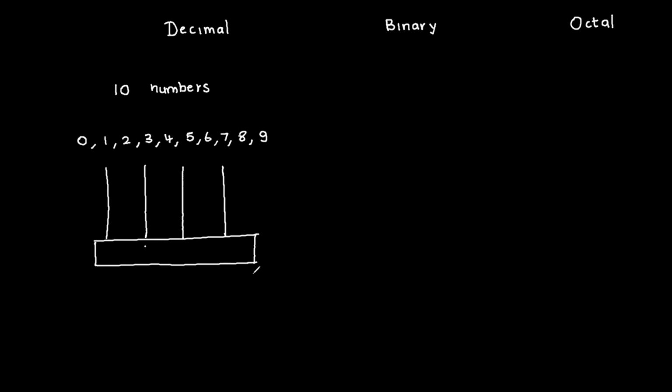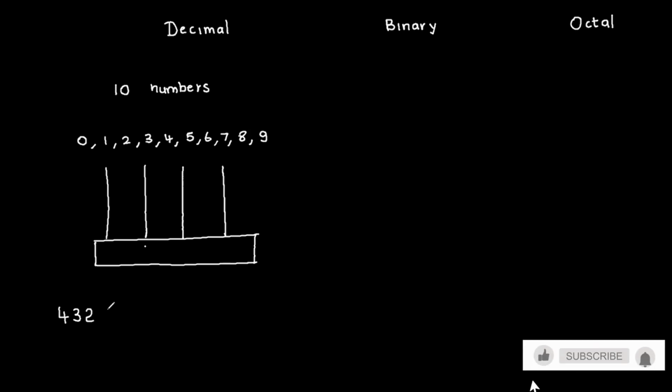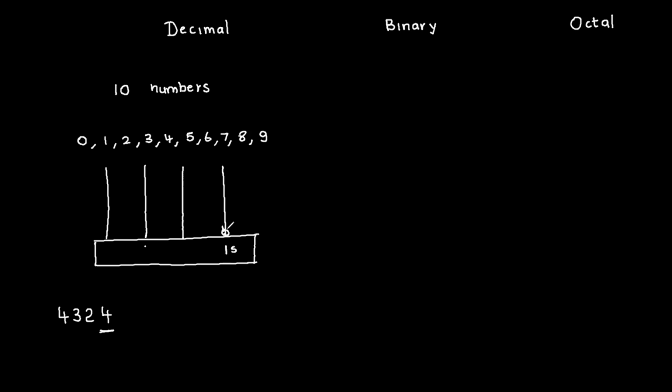Let's say we have the number 4,324. How can you represent this? In the ones place, which is the place value, the ones, we have 4 beads, so that's why we have the digit 4 in the ones place.